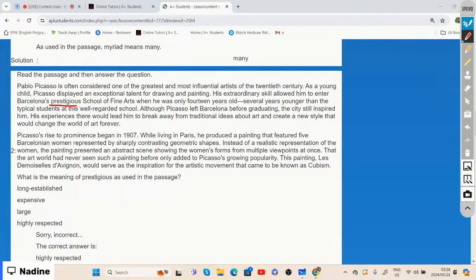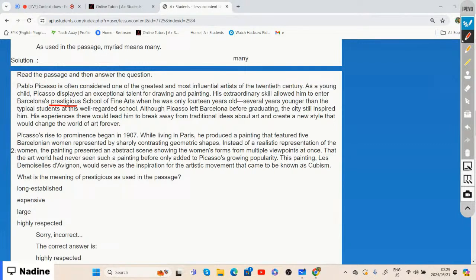Although Picasso left Barcelona before graduating, the city still inspired him. His experiences there would lead him to break away from traditional ideas about art and create a new style that would change the world of art forever. Picasso's rise to prominence began in 1907.